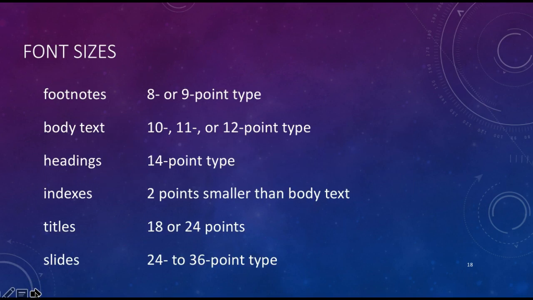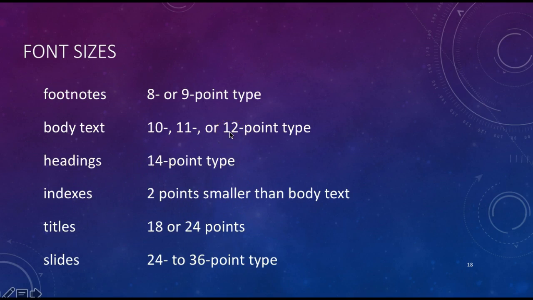A couple of issues about font sizes. You have probably played with that a little bit in Word. Footnotes are usually 8 to 9 point. Body text is 10, 11, or 12. I usually go for 11 because that's in the middle, although sometimes I'll go for 12. Headings are 14 point. Indexes are 2 points smaller than the body text.